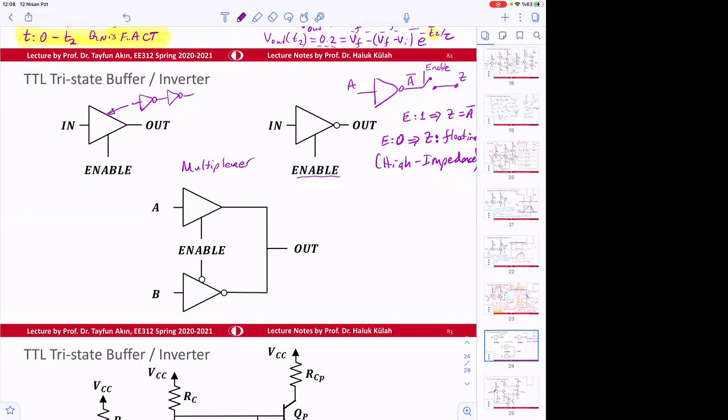Such an element. So here, the A, let's say this element, how does it work? This is A, and then we have a switch here. Okay, and then the other one, the B, when you say bubble here, that means enable bar is entering. Okay, so this is going to be such an element.